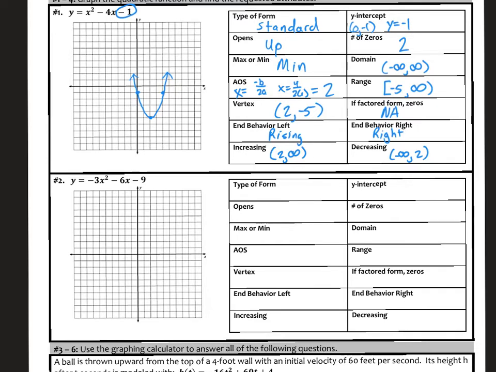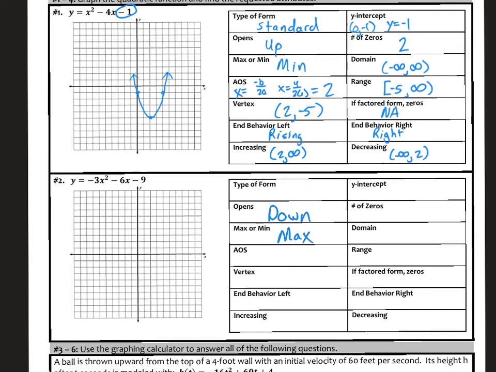I made a few typos there. I didn't delete the previous one first, so I re-entered it. Negative 3x squared minus 6x minus 9. I'm going to look at the graph. Oh, it's opening down. That's the first thing I noticed. If it opens down, I have a max.